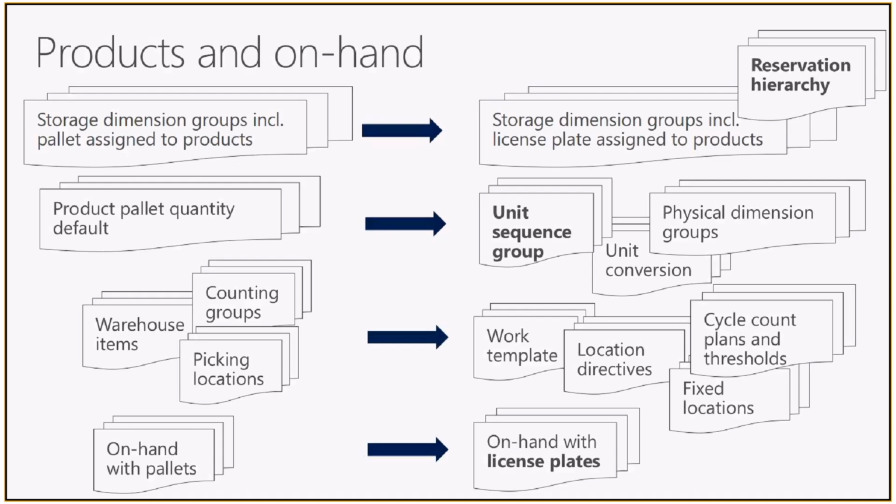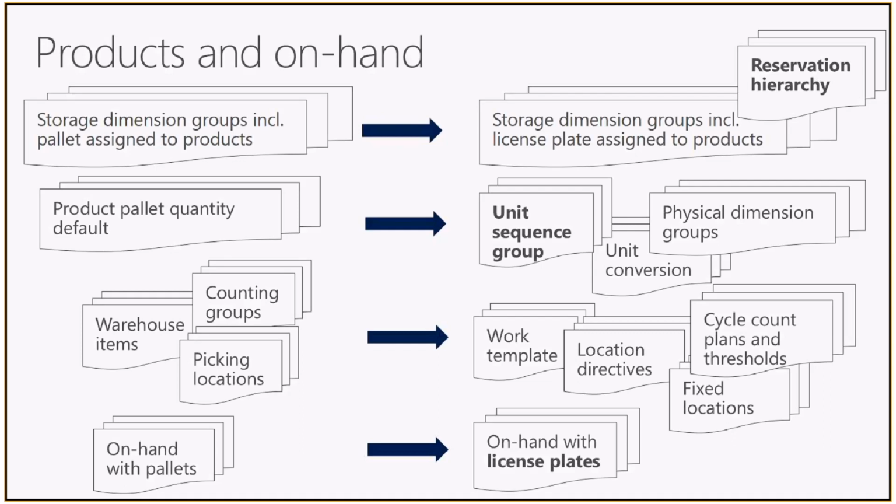The whole concept of work templates is really the decision about how the warehouse workers need to go and process the individual things, like replenishment or counting work, for example. When we talk about counting, there were counting groups associated with the warehouse system in 2012.